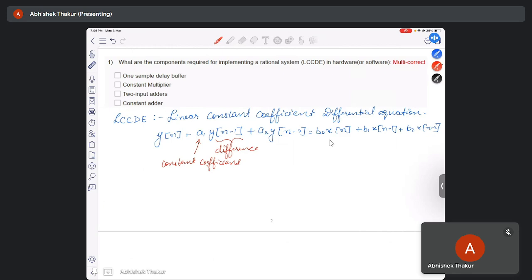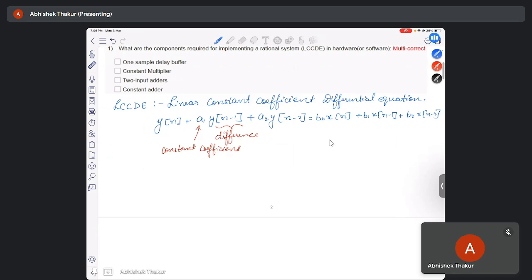So for such a system, how do we represent it, and for the implementation of this system, what are the requirements? There are lots of options, four options are given. So we'll check how to implement this.